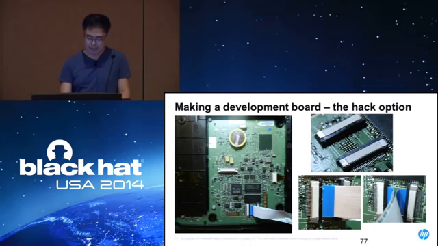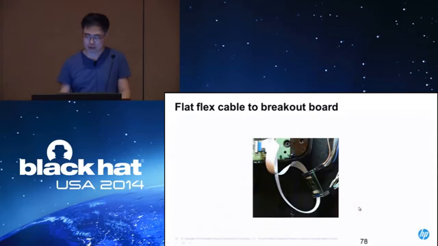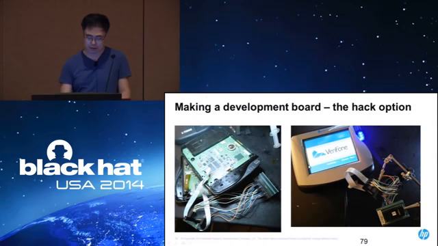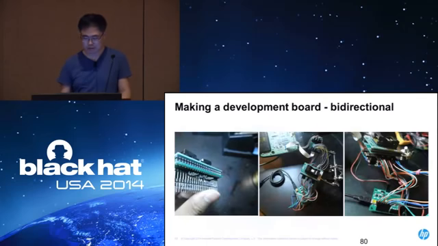You put this socket here and use a flex cable, and you can extend it to the outside, and using a breakout board you can connect it to the TSOP socket directly, and I suspected whether this would work. It worked fine. So you have a development board yourself under maybe $20 in this case.